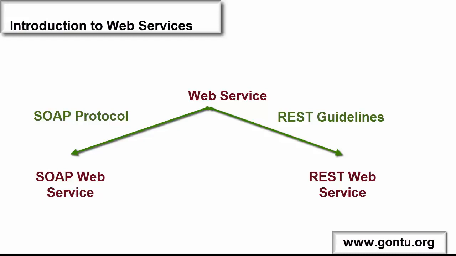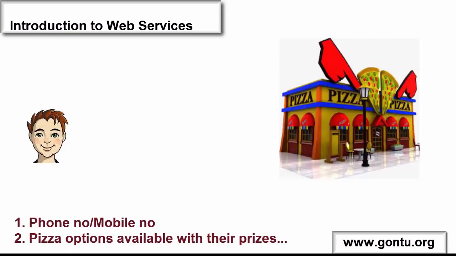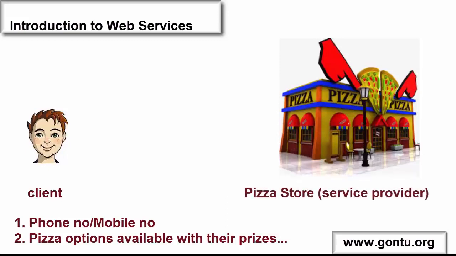In the real world, what is the basic information a person needs for ordering a pizza at home? Firstly, he would need to know the phone number of the pizza store. Secondly, he would need to know about all pizza options available with their prices and some more related information. Here the person ordering a pizza is a client and the pizza store is the service provider.